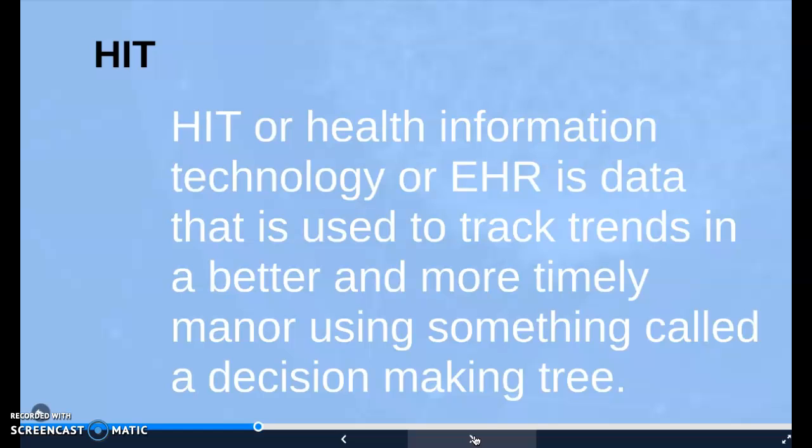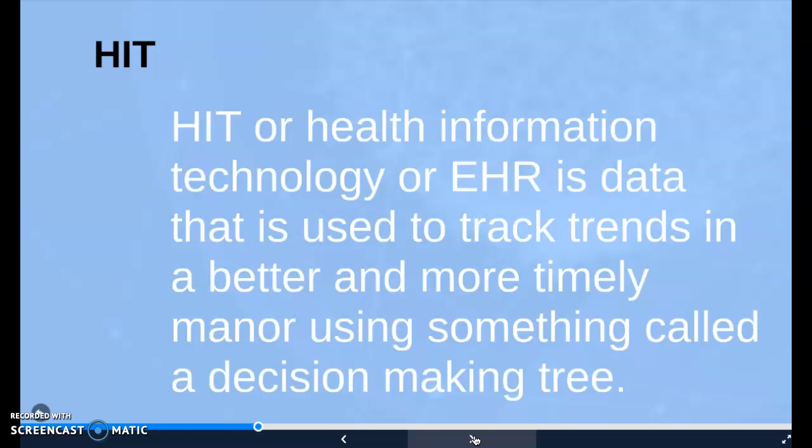HIT, or Health Information Technology, also known as EHR, is data that is used to track trends in a better and more timely manner using something called a decision-making tree.